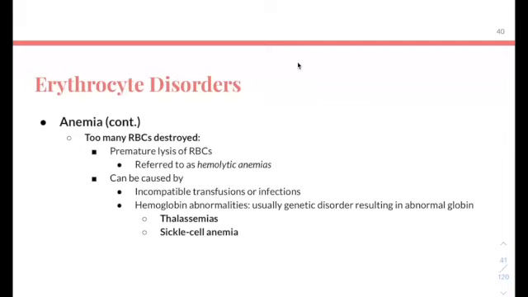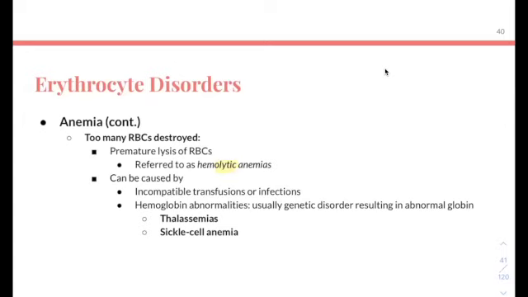If you think of lytic as breaking them down, lysis, lytic, it's the same thing. So it could be the cause. I know I talked to some people on Tuesday about incompatible transfusions. So you get a blood transfusion that's just not compatible with your blood that you have.